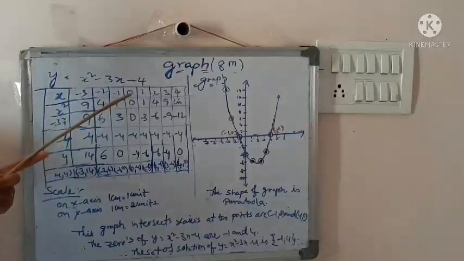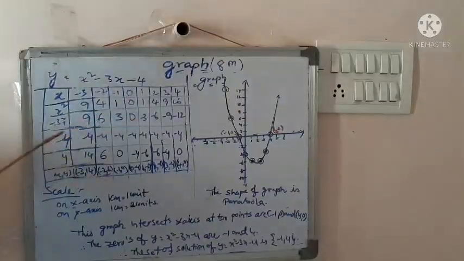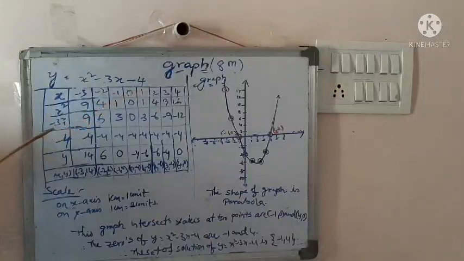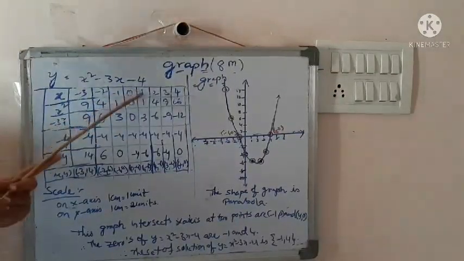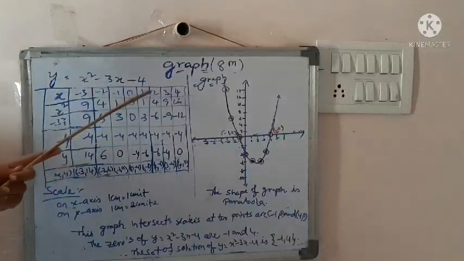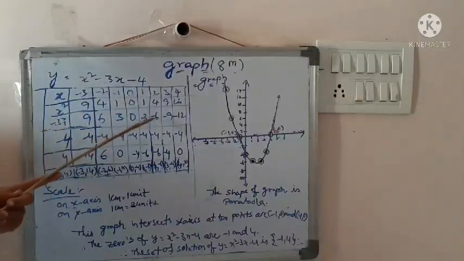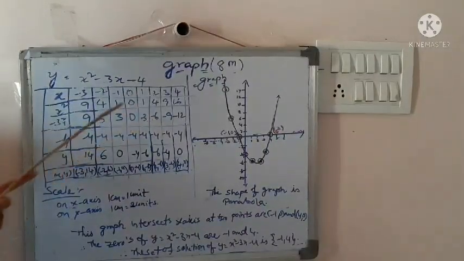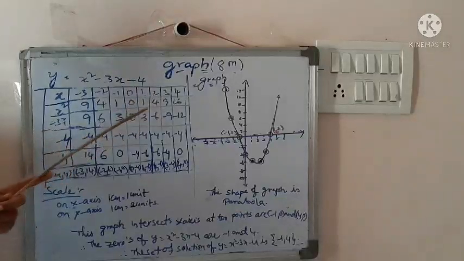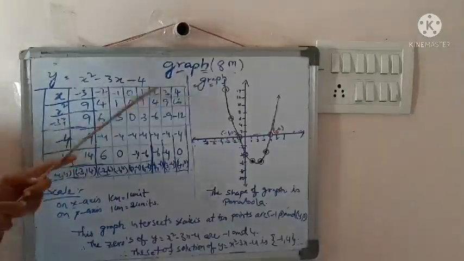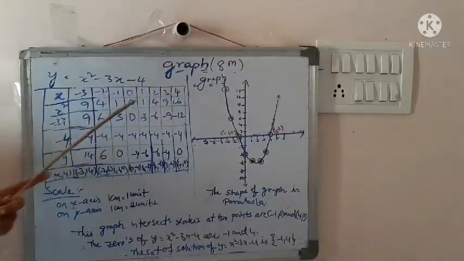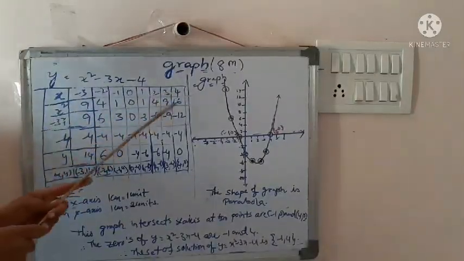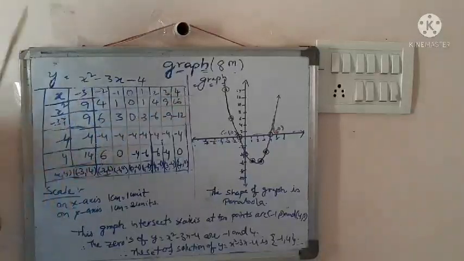And 3 zeros are 0. And next plus into minus. Put here a minus sign, and 3 into 1 is 3. Again, plus into minus is minus, put here a minus sign, 3 twos are 6. And again, plus into minus is minus, 3 threes are 9. Plus into minus is minus, 3 fours are 12.